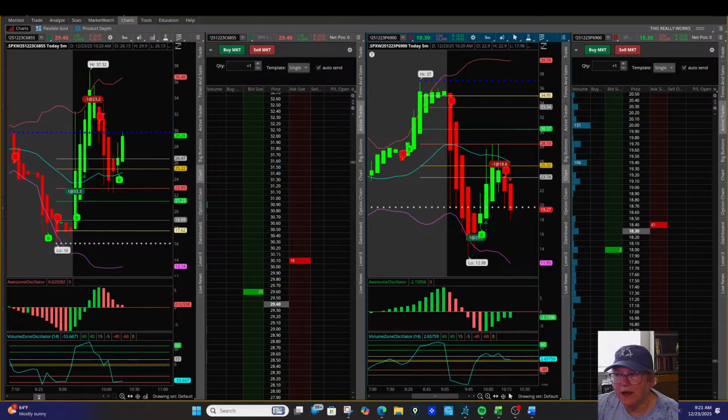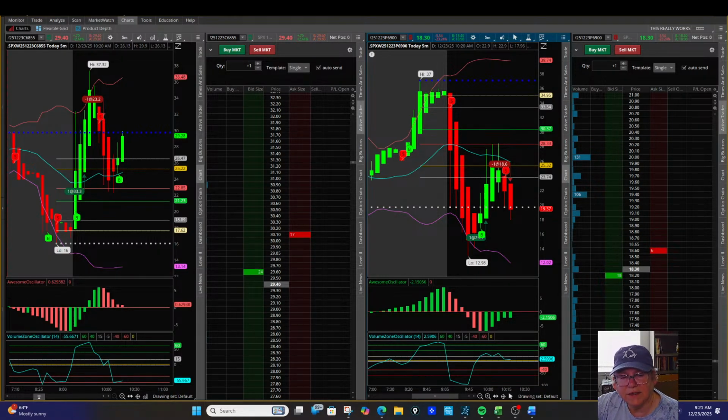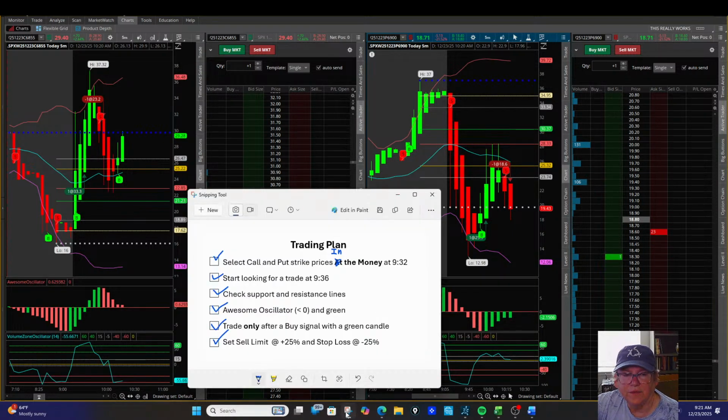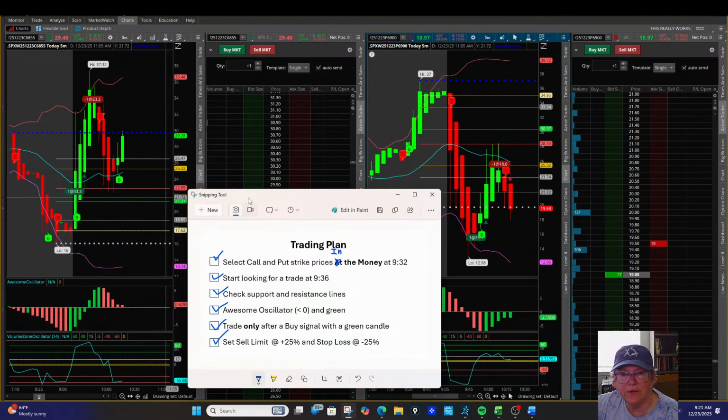So all the time when I'm looking at this chart, I want an awesome oscillator that's below 0, as that's in the plan here. I also want to see the support resistance lines, very definite, and see if it cracks any.